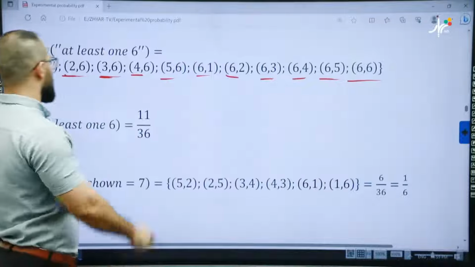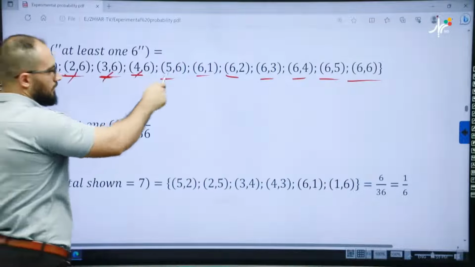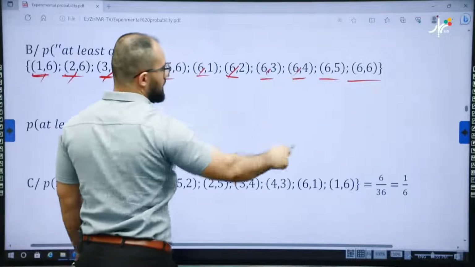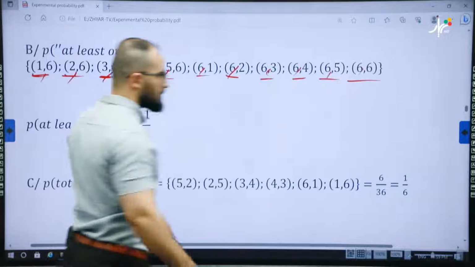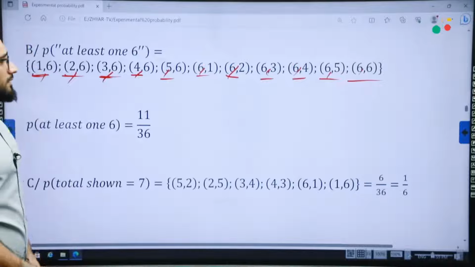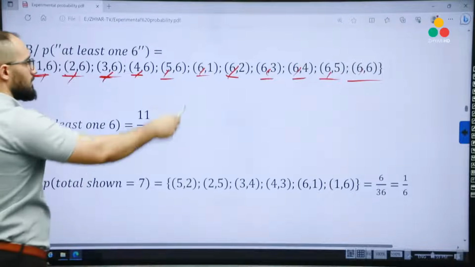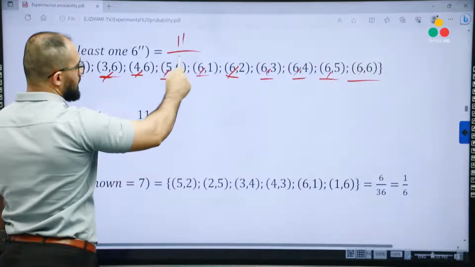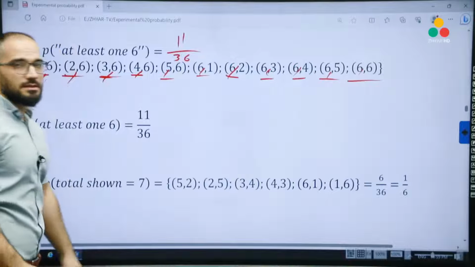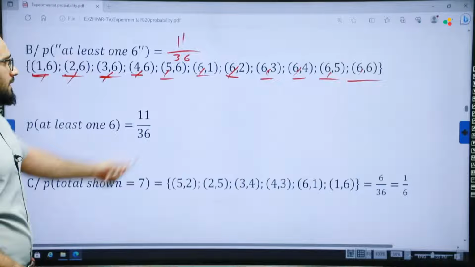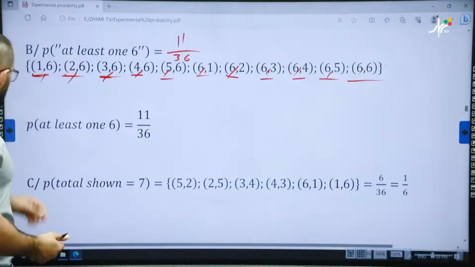So that is 1, 2, 3, 4, 5, 6, 7, 8, 9, 10, 11. So we have 11 results that consist of at least one 6. Then it's going to be 11 over 36, and it is in the simplest form.